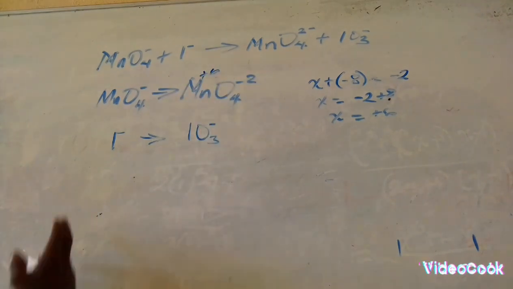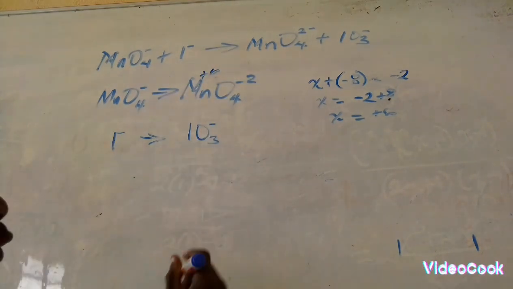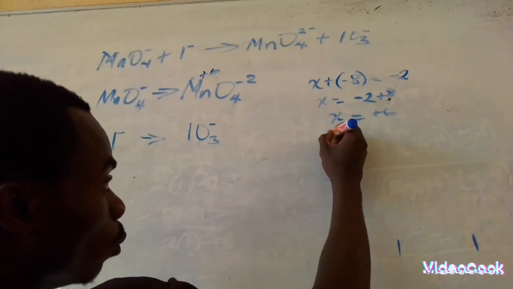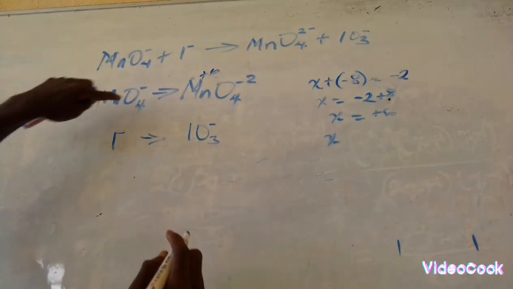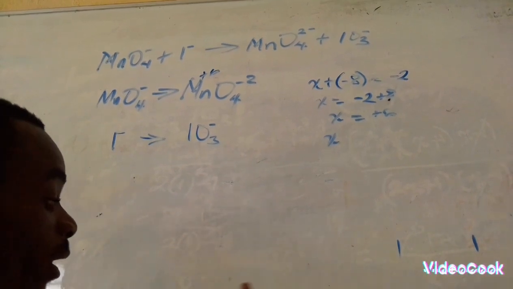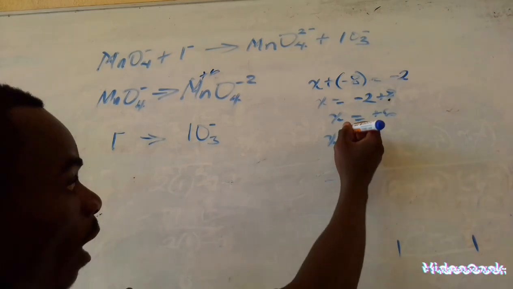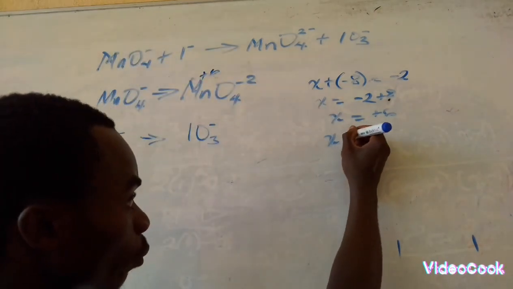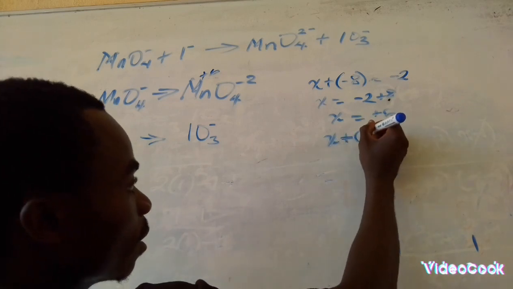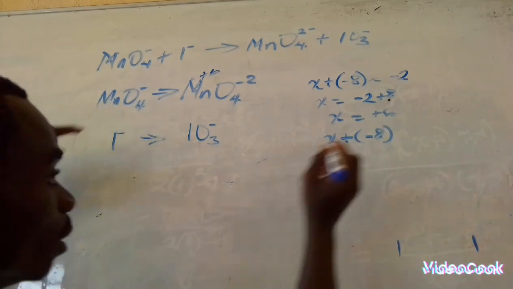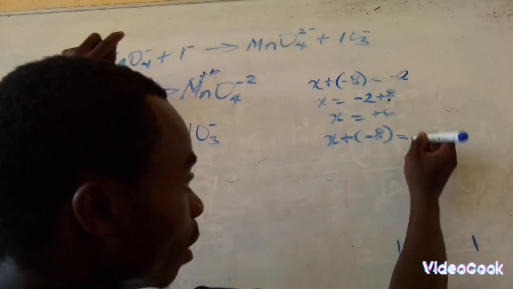Okay. Now let's get to this one. So this one, the equation will be equated to negative 1. So that means here we have, like we said, oxygen has 6 valence electrons. Here we're going to have 4 times the 2, which is 8, so x minus 8 is going to be equal to negative 1.